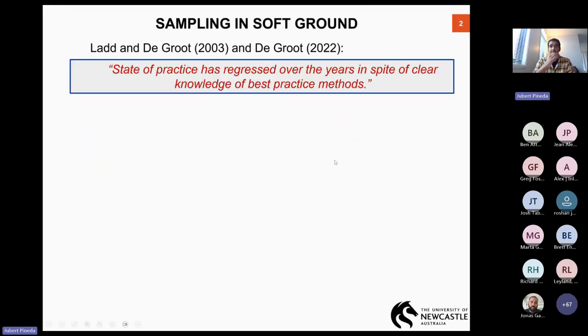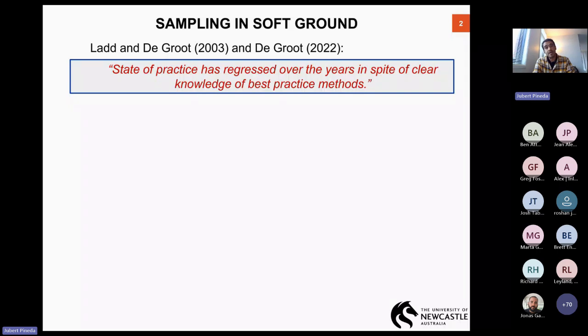So let me start with a rather negative quote from Professor Ladd, the late Professor Charles Ladd from MIT, and also Professor Don DeGroot from Amherst University in the US.